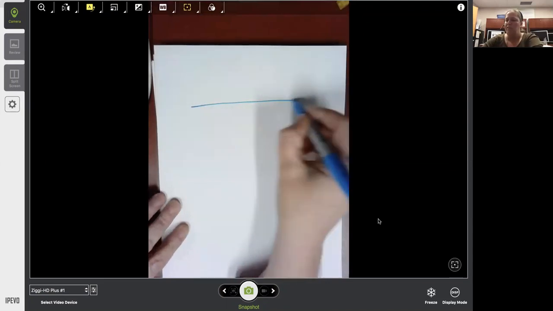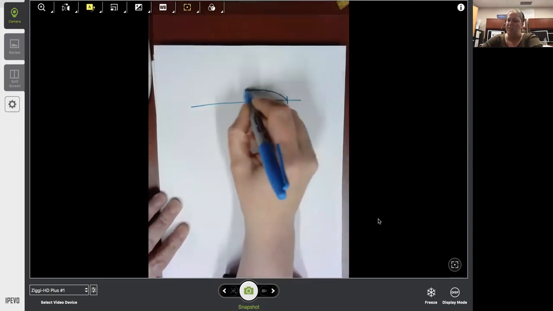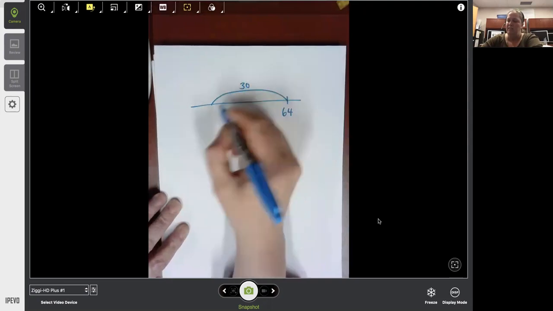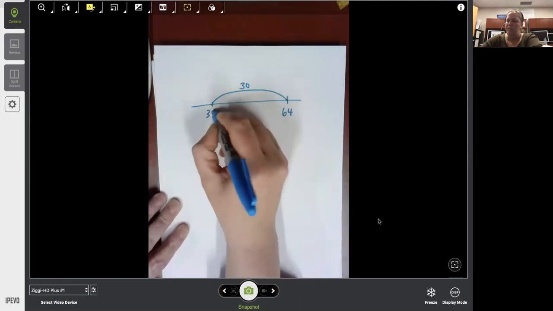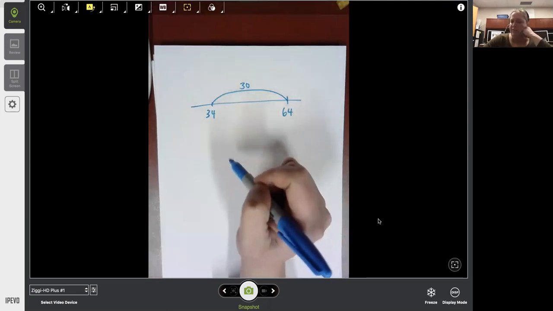So a lot of students hopefully will just lean on the fact that we just did this problem. So 64, take off 30 to get them to 34.